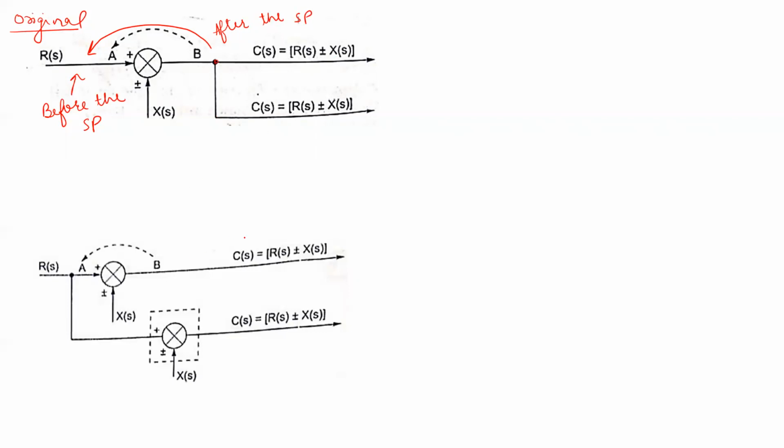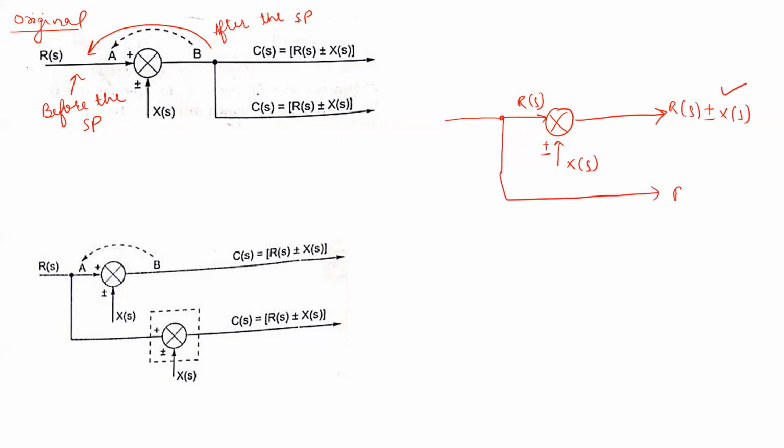So when we shift, what we have actually done is we have shifted this like this. The summing point is here, and this is the output, and this is Xs, a signal, plus minus, and this is Rs, right? So here we have Rs plus minus Xs, no doubt this is correct, but here we got Rs, which is wrong, right?